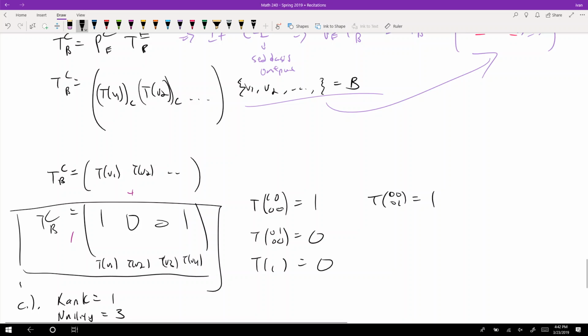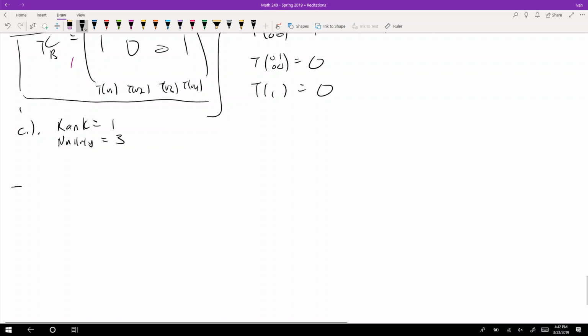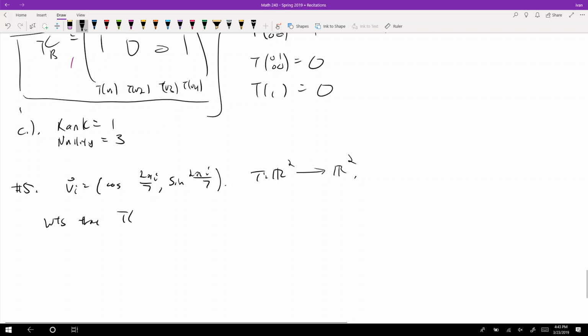All right. Okay. Let's talk about number 5. So this was the one where V_i was equal to (cosine 2πi/7, sine 2πi/7). And then T was from R2 to R2. And you want to show that T of V1 plus all the way up to V7... Oh, so you know this is true.